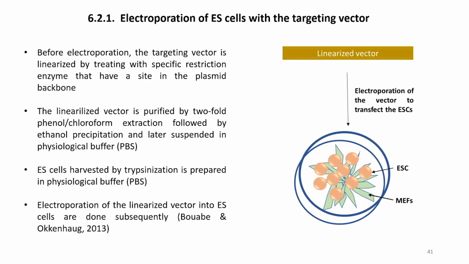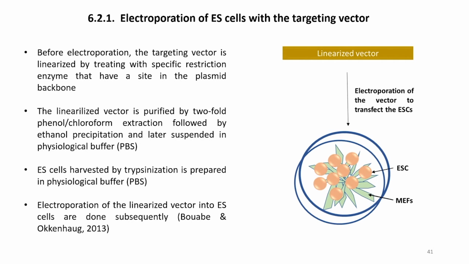So, how do we do electroporation of the embryonic stem cells with the targeting vector? Before electroporation, the targeting vector is linearized with specific restriction enzymes that have a site in the plasmid backbone.